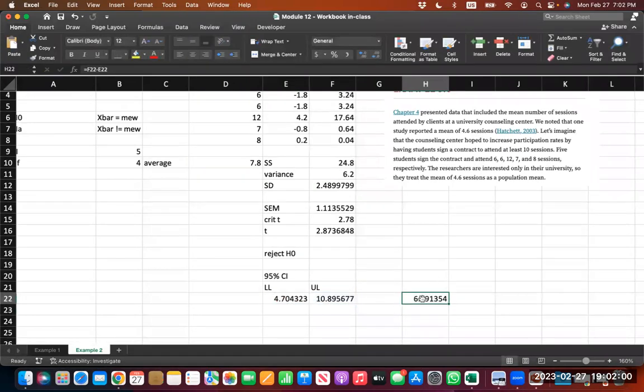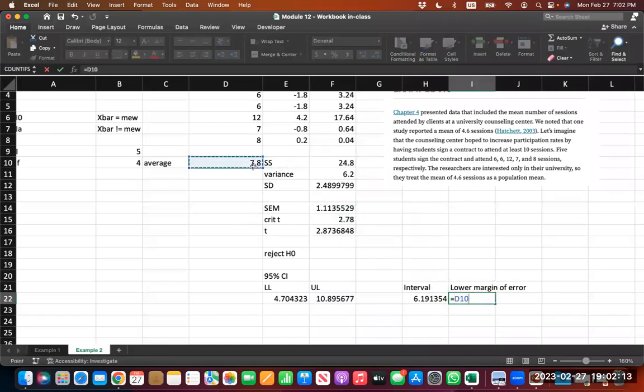That's the actual interval. And so this is the lower margin of error. So this is basically the mean minus this. So that's the lower margin of error. And then we have the upper margin of error.